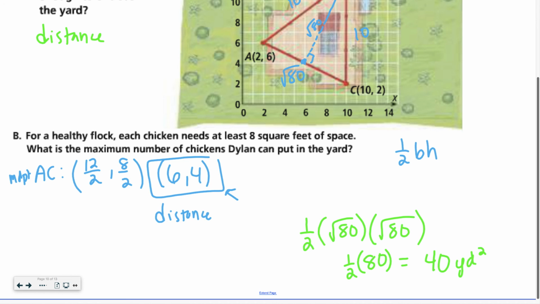Okay, so that is how you would solve that problem. To find the area, first find the altitude, which you do by finding the midpoint of the side and the distance between the midpoint and the opposite vertex, and then you can plug it into the area of a triangle.